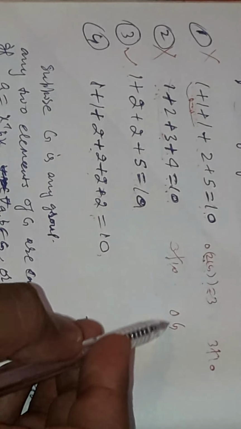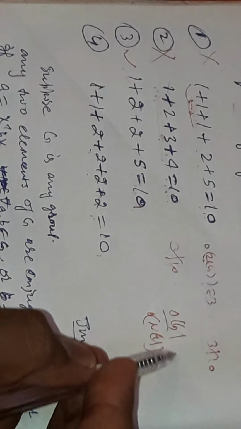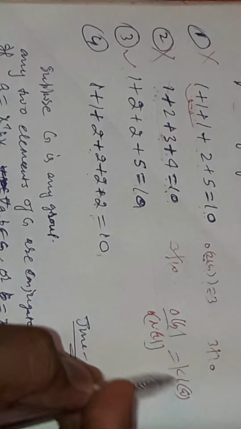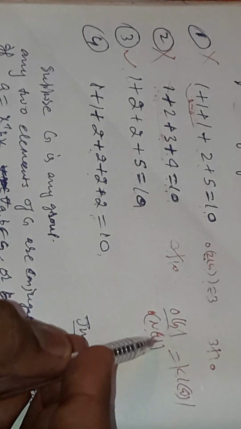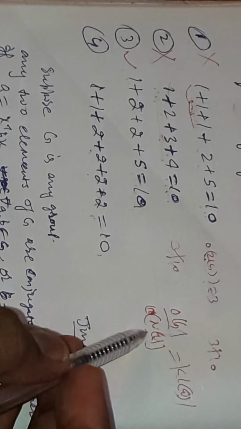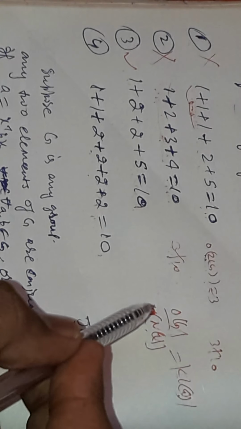You can also compare: the order of G upon the order of the normalizer equals the order of the conjugacy class of A. Also, we know that the order of any subgroup is always some natural number. So compare with yours and try to check which is the class equation.